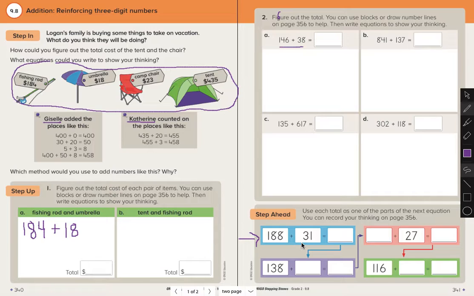So I'm going to do it the same way Catherine did it. So I'm going to start with 188, and then I'm going to add 31, and I'm going to break it up into tens and ones. So the first step is 188 plus 30.